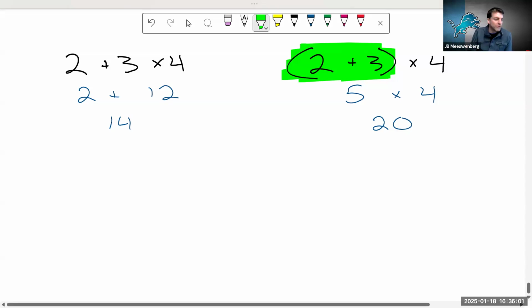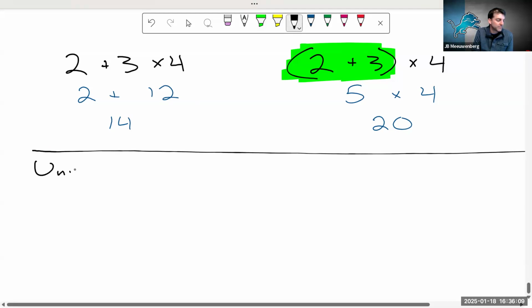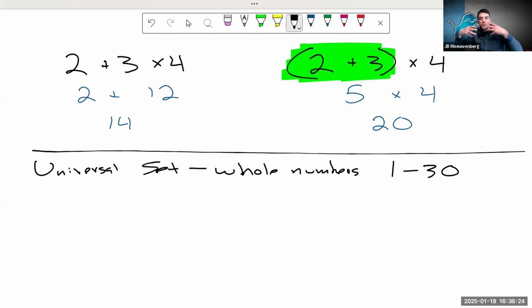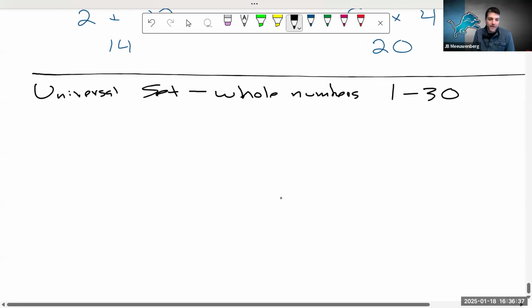Our universal set that we're going to be working with is the whole numbers 1 to 30. You can probably just do this once, and then when we start to look at the intersections and unions, you don't have to redraw the whole thing, you can just look at different areas of your Venn diagram.